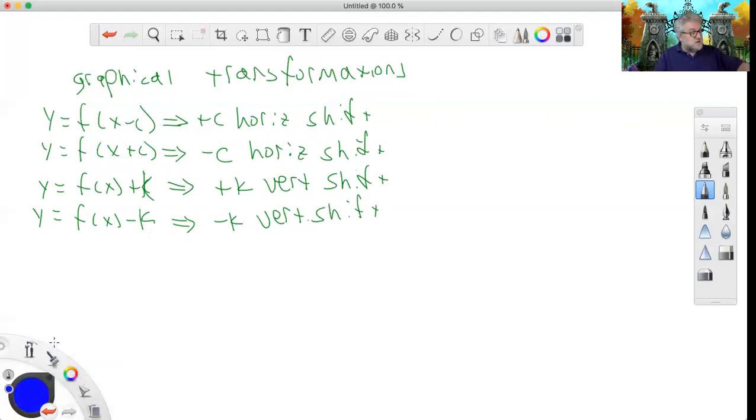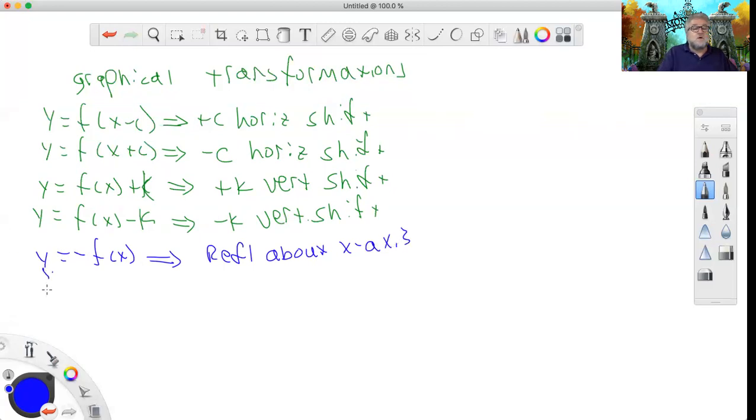Okay, now we get a reflection action. Y equals minus f of x. That's a reflection about the x-axis. Y equals f of minus x.